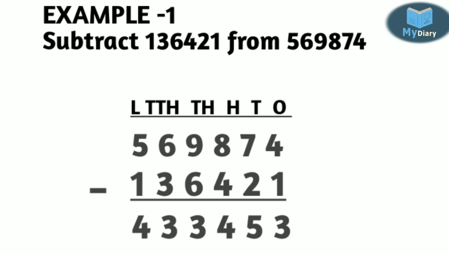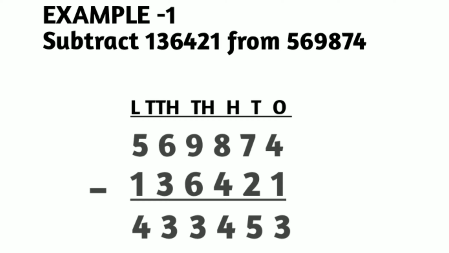Subtract ten thousands column. 6 ten thousands minus 3 ten thousands is equal to 3 ten thousands. We write 3 under the ten thousands column. Subtract lakh. 5 lakh minus 1 lakh is equal to 4 lakh.